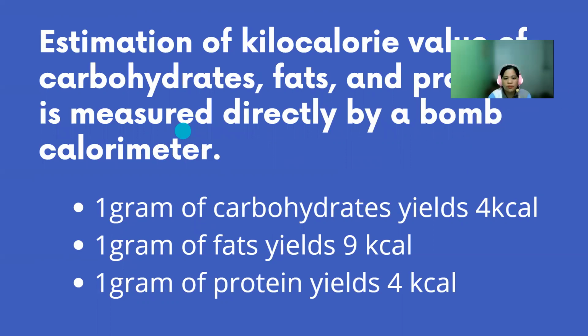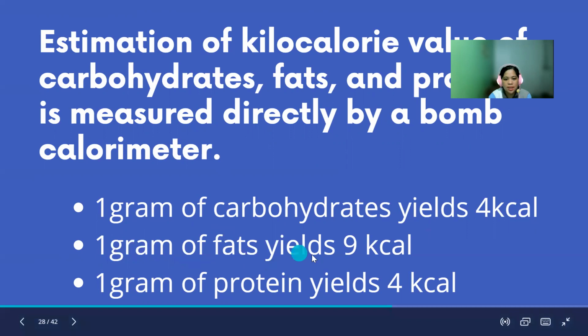One gram of carbohydrates yields 4 kilocalories. Next, 1 gram of fats yields 9 kilocalories. And 1 gram of protein yields 4 kilocalories.